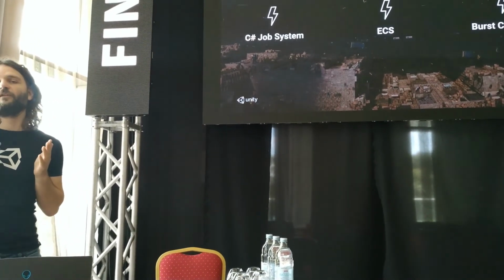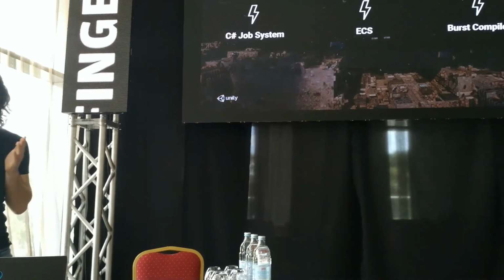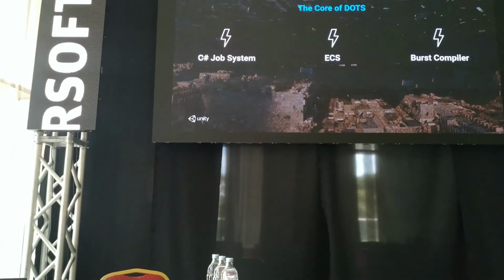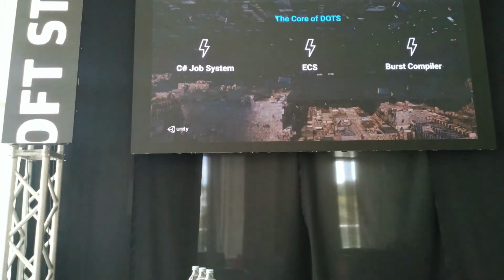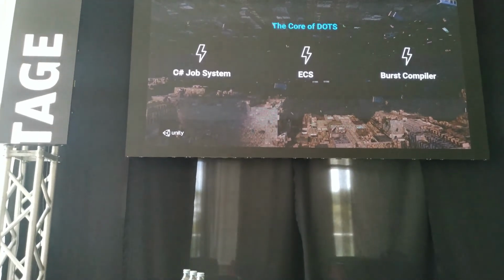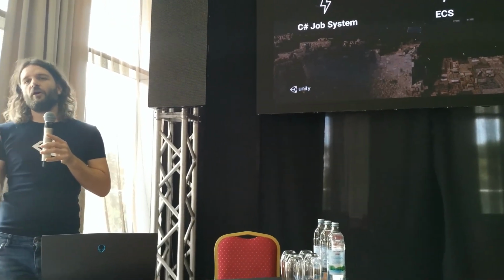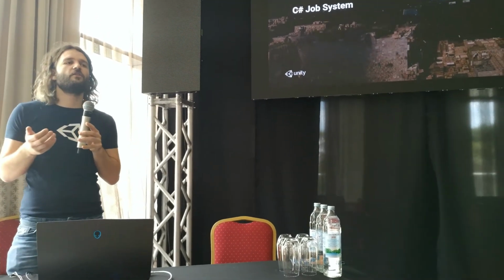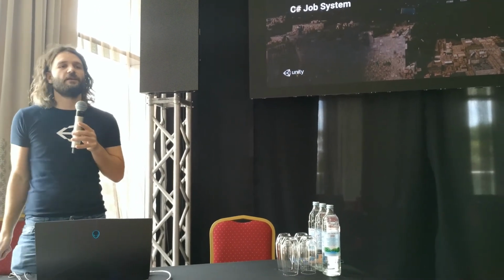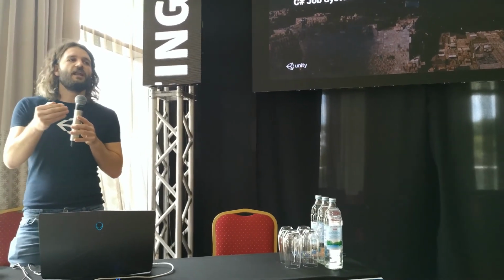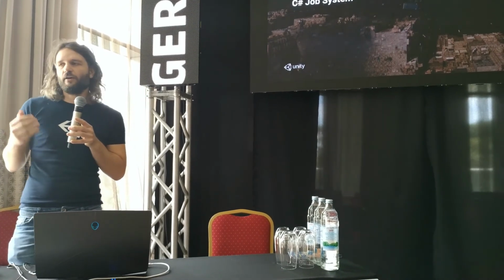And that is what makes writing multi-threaded code the thing that most game developers don't actually do. So we invested a lot of time and effort into making it safe. With the C# job system, we have a safety system that automatically detects any possible race conditions that you might create in your code, and it tells you about them immediately when you write that code, and it tells you where that race condition is and how you can fix it in an actionable error message.